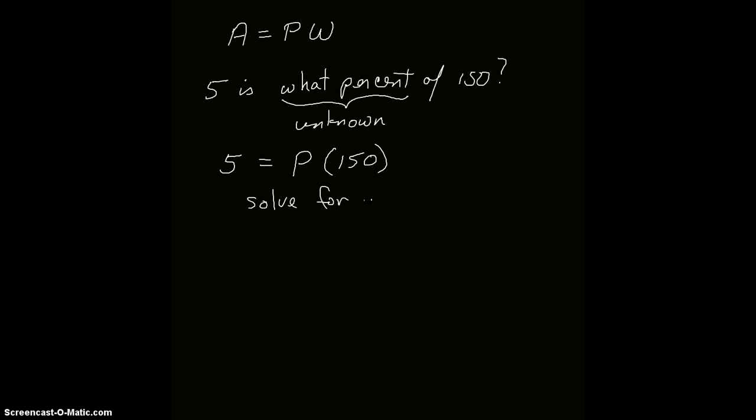How would I do that? Sure, divide by 150, both sides, right? Because it's an equation. So 5 divided by 150 is equal to P times 150 over 150, which we know is equal to 1, so it kind of goes away. And I'm left now, I'm going to switch this, P is equal to 5 over 150, or 1 over 30.